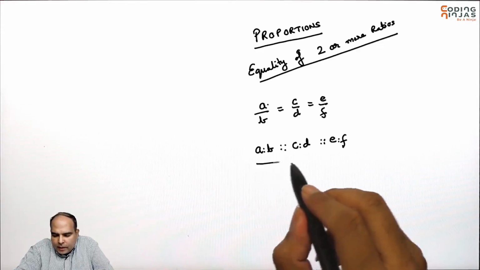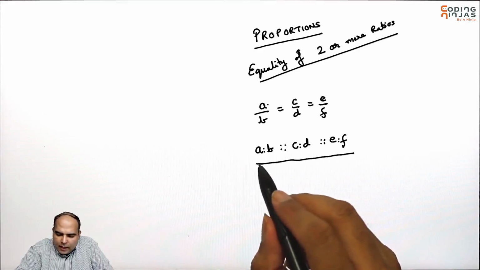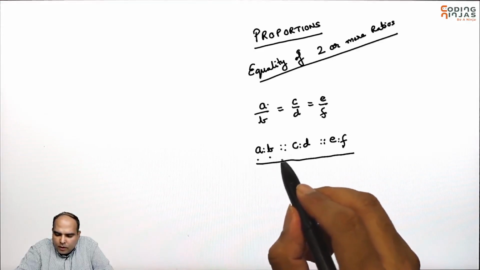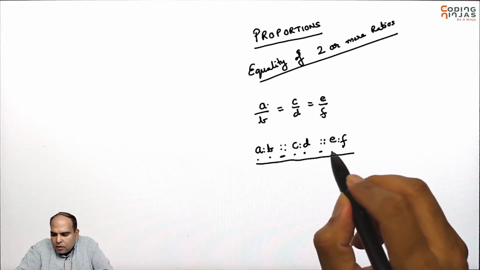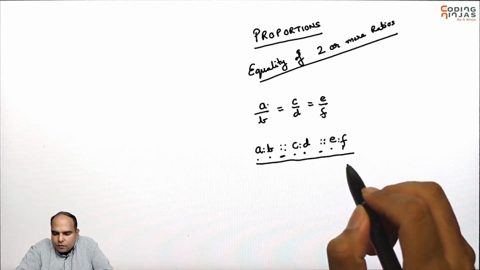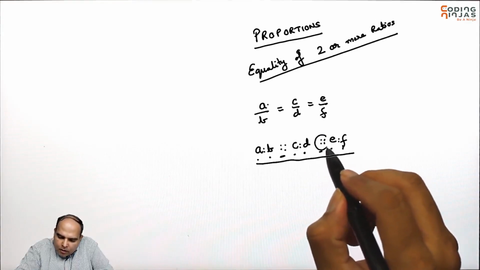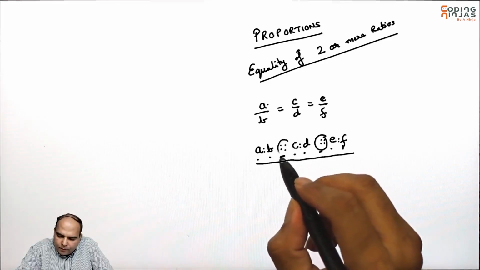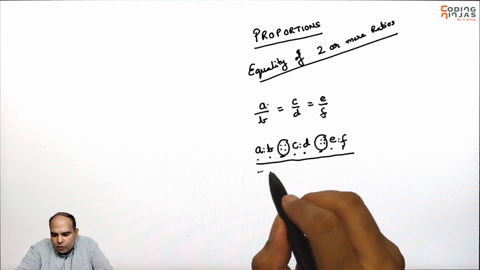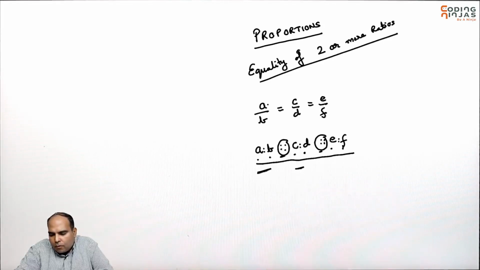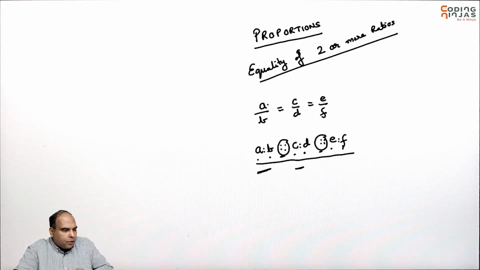And please understand the reading of this. This is read as A is to B :: C is to D :: E is to F. So this double colon here is essentially an indicator that one ratio has got completed, and we are talking about the second ratio. So this is what a proportion is, an equality of ratios.